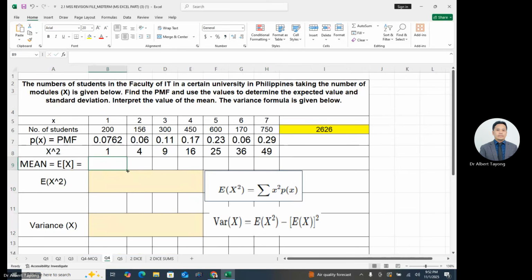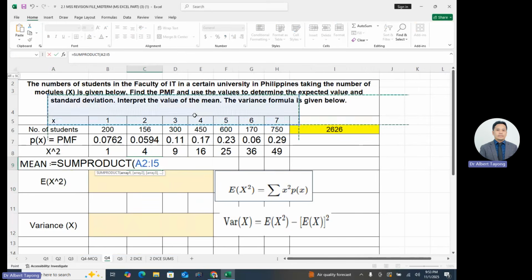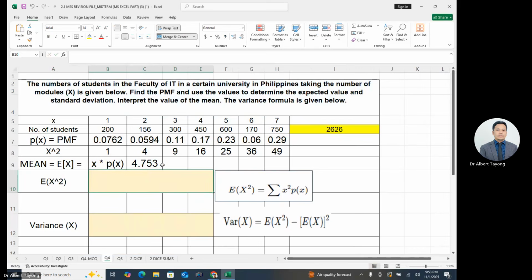So the formula is x times p of x. So equals sum product. We select the x, comma, the p of x. Okay, so this is summation here.